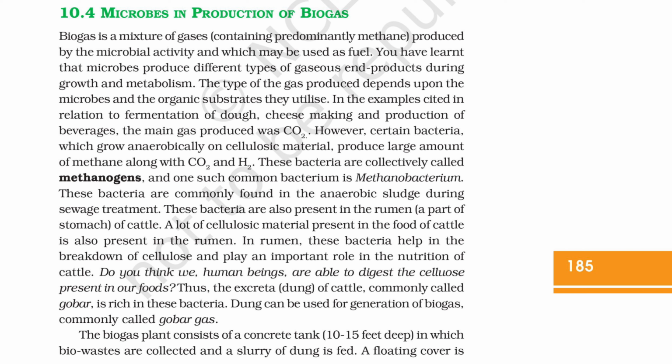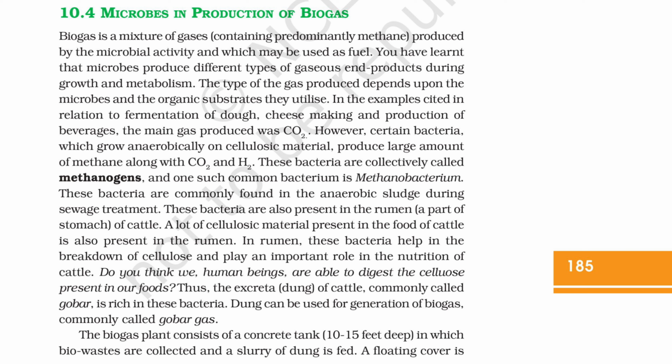Biogas is a mixture of gases, containing predominantly methane, produced by the microbial activity and which may be used as fuel. You have learned that microbes produce different types of gaseous end products during growth and metabolism. The type of the gas produced depends upon the microbes and the organic substrates they utilize.